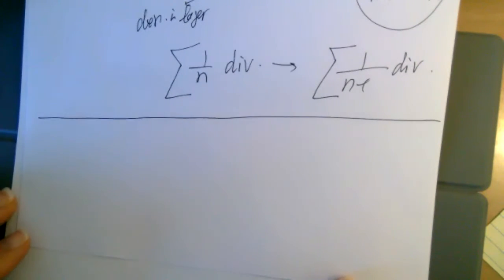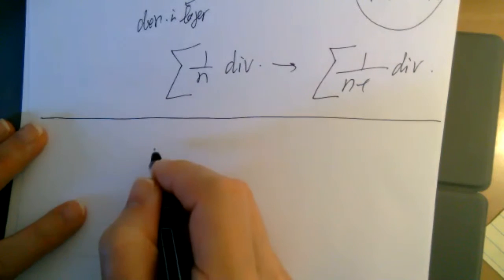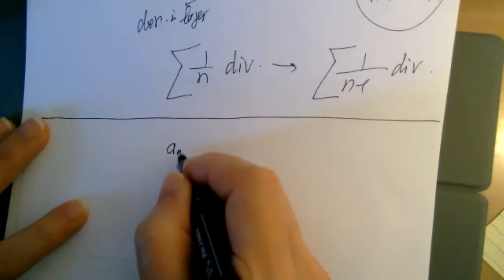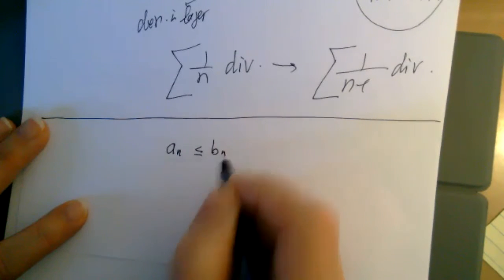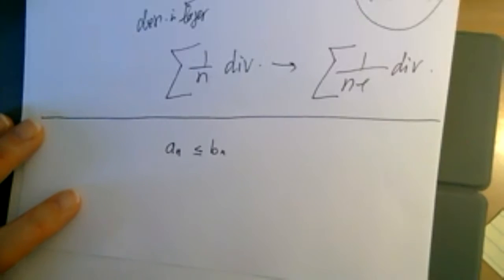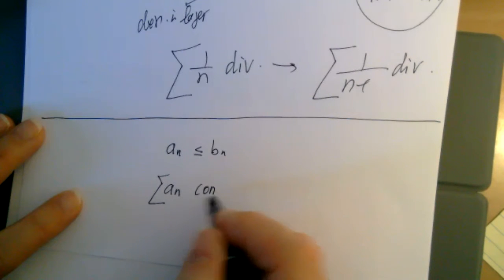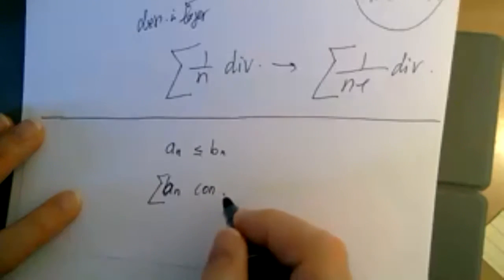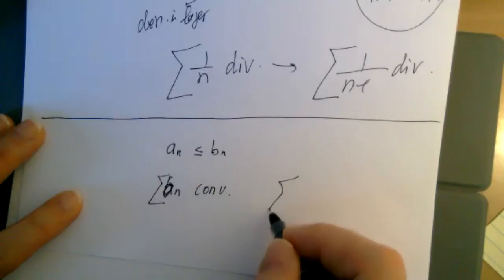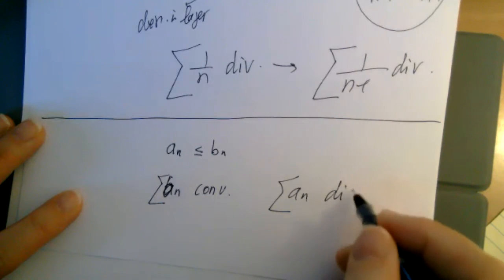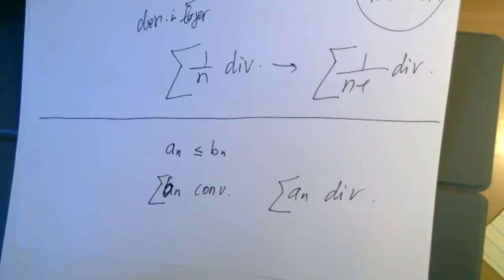So I want you to give me series a_n, b_n, not necessarily positive, just to show you the importance of positivity. Sigma b_n converges, sigma a_n diverges, with a_n less than b_n.